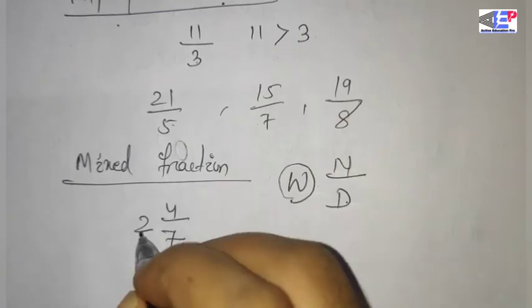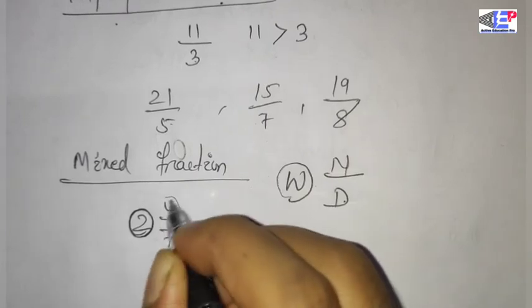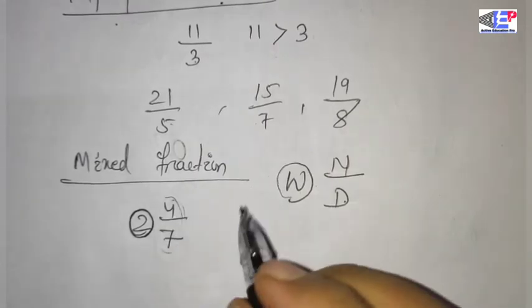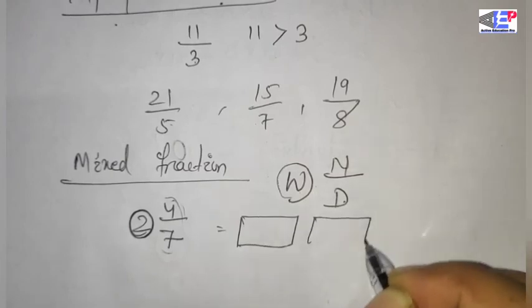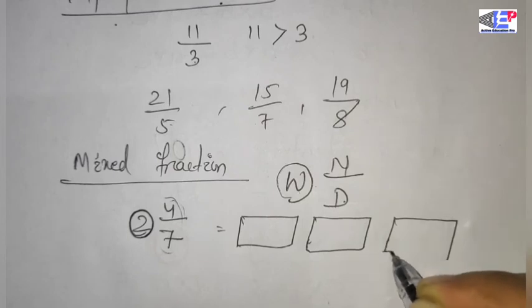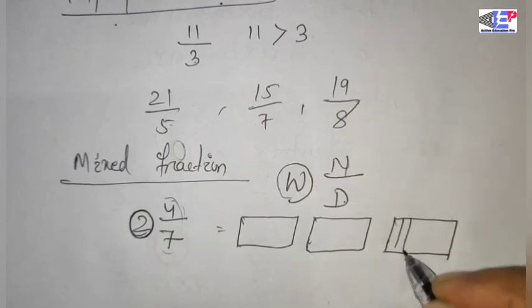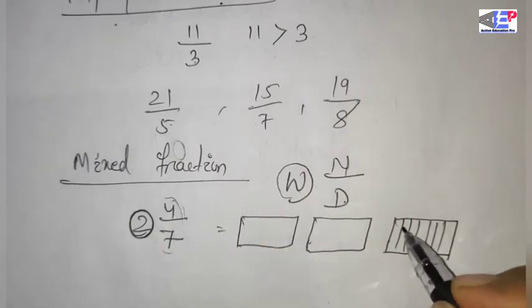Here it is a mixed fraction. 2 is a completely whole part, and the other part is the fraction 4 by 7. If you shade this area, it will be 2 complete whole parts and another rectangle which is divided into 7 equal parts with 4 of them shaded.